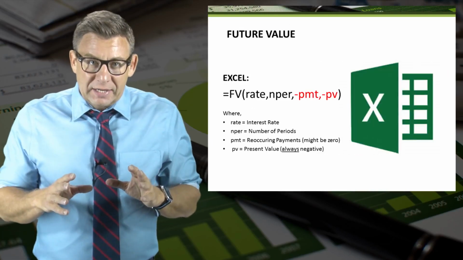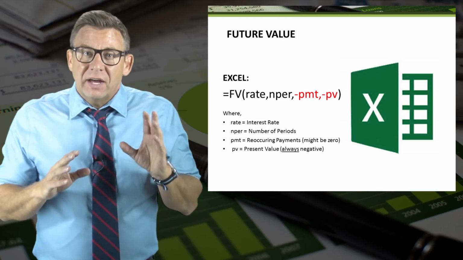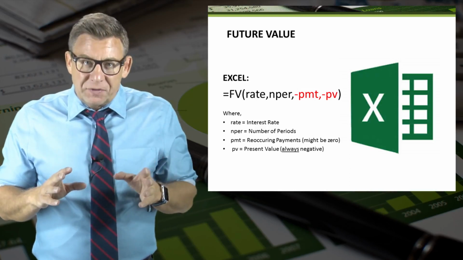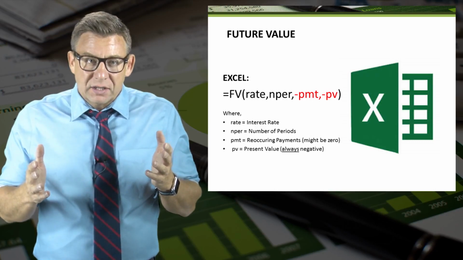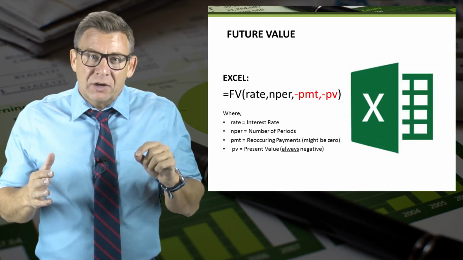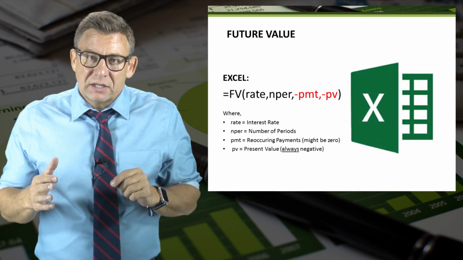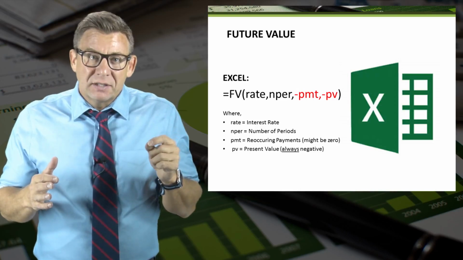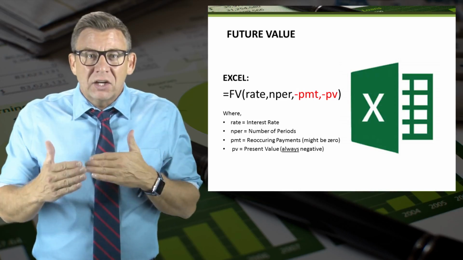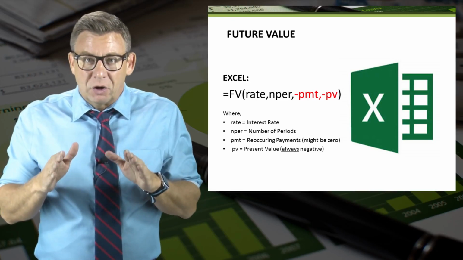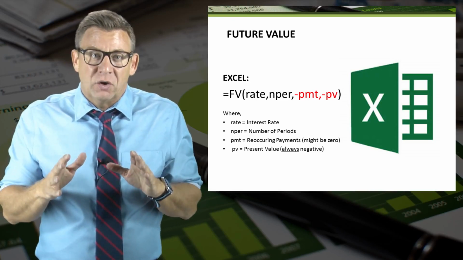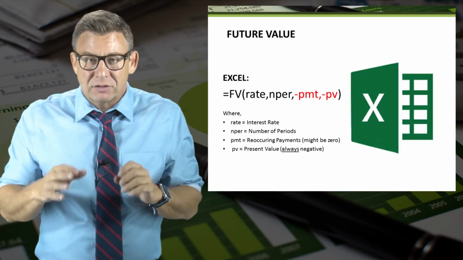The formula is equals FV, open parentheses, rate, which is the interest rate, N period, which is the number of periods, minus payment, which is a regular recurring amount. And it's possible that this could be zero, because not every scenario has a regular recurring amount.